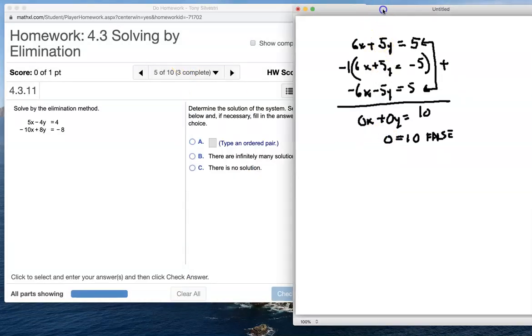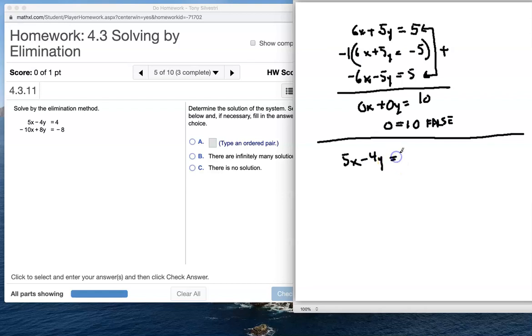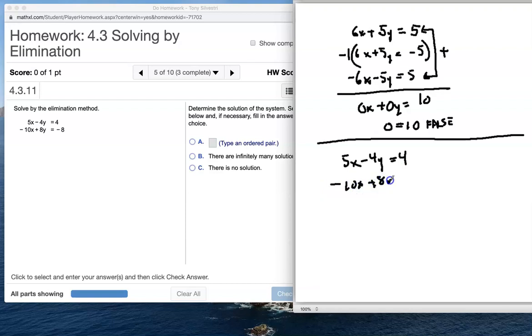Okay, so I'm going to go ahead. I think I could sneak this here, right over here, and just say 5x minus 4y equals 4. And this is -10x plus 8y equals -8.